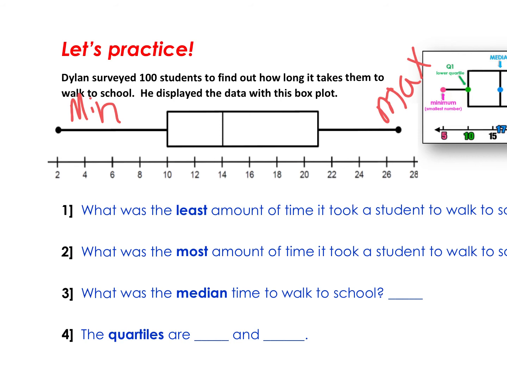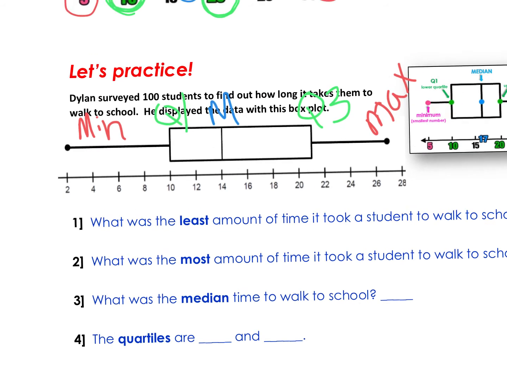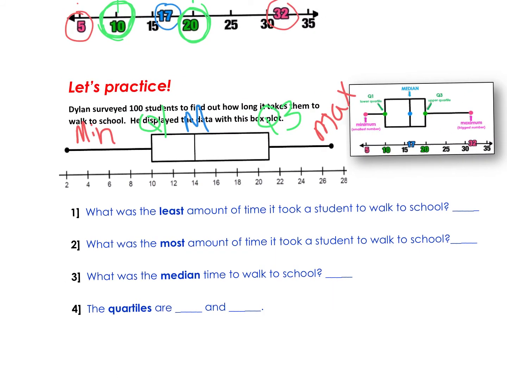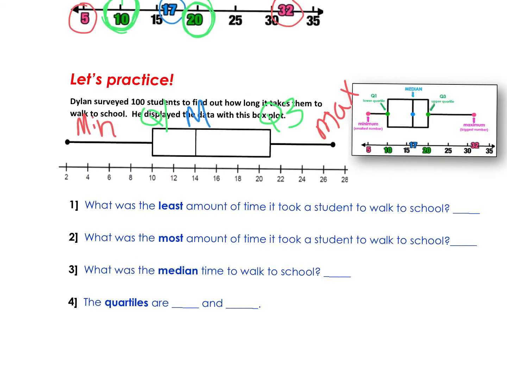I'm going to put an M for median here, and then I'm going to put Q1 and Q3 here to remember that's where my quartiles are. Now that I've got everything labeled, I'm going to go ahead and answer my questions.